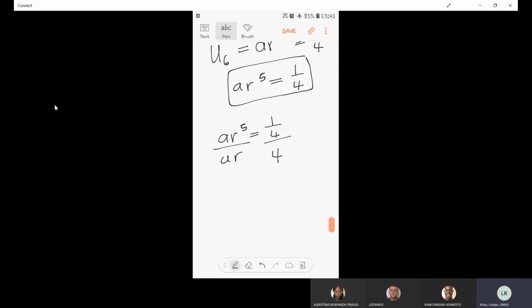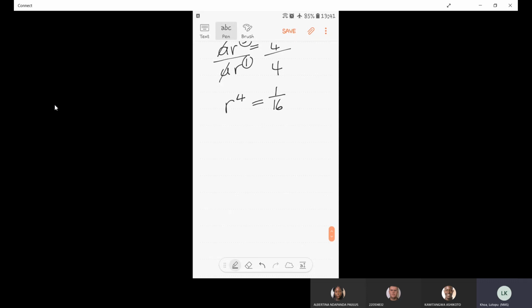So the a's will cancel, and I'm left with r to the power of 5 minus 1. Remember your laws of exponents. If you're dividing, the bases are the same, then what you should do is subtract the indices. So this is r to the power of 4, and then I have 1 over 4 divided by 4. This is just 1 over 16.